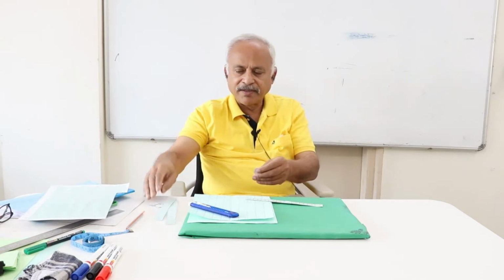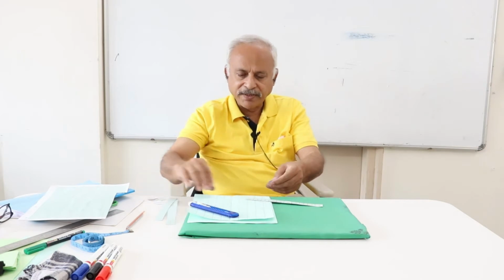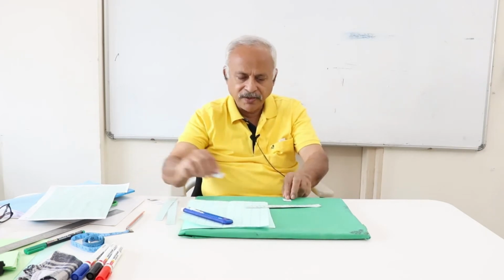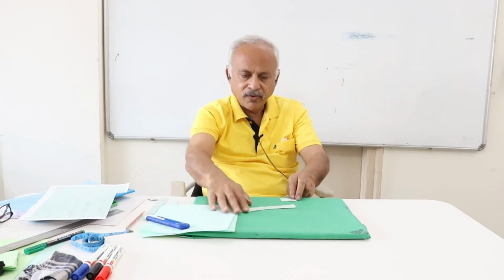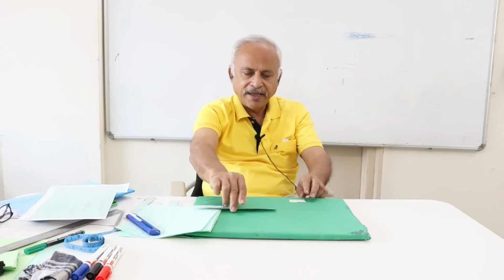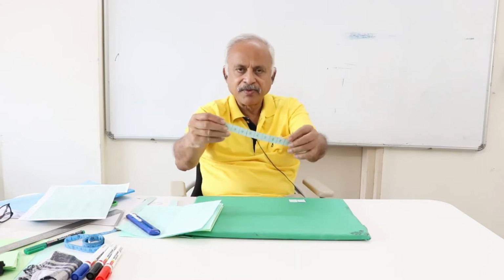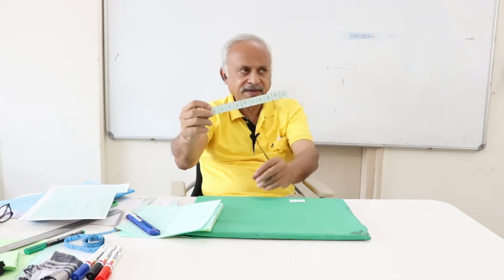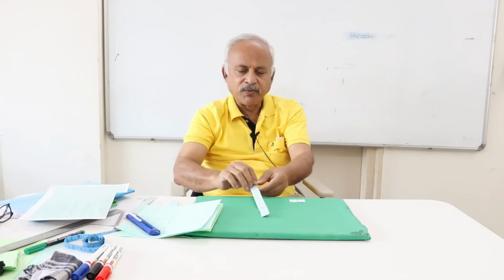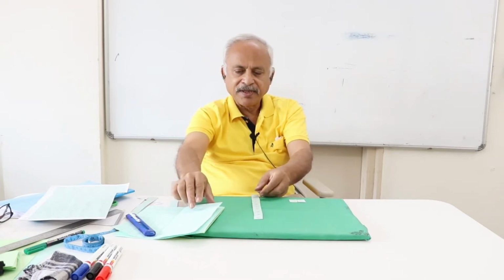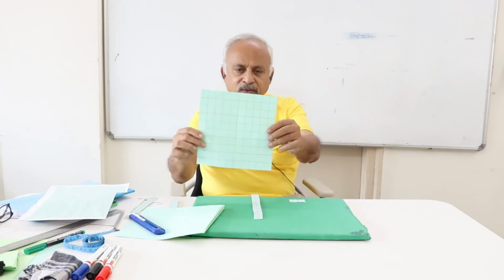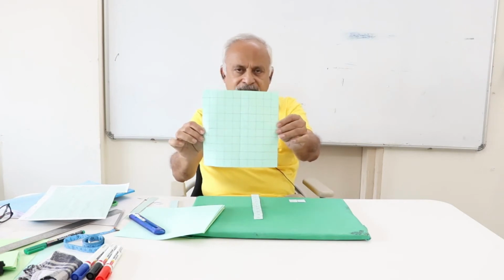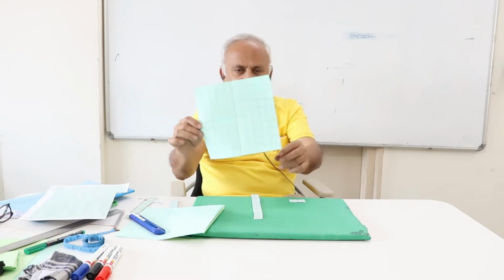I can put together 10 ones by joining 1 to 1, and then I make a 10, which is this strip. So these are tens. And we put together 10 such strips, and we get this. 10 times 10 is 100. So these are our hundreds.